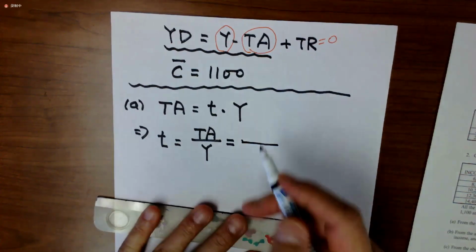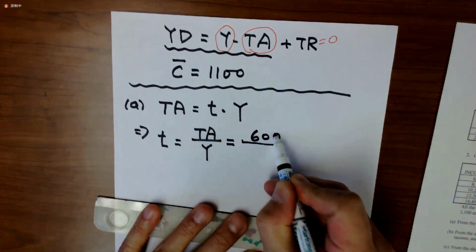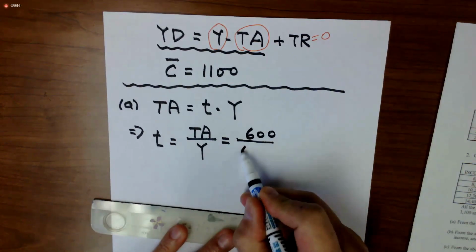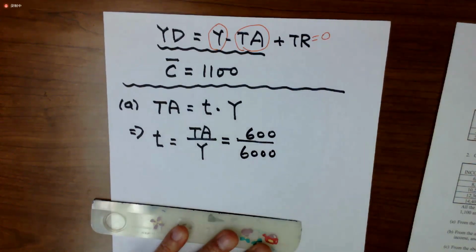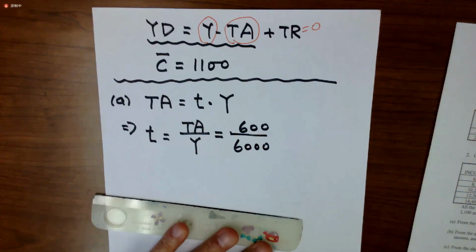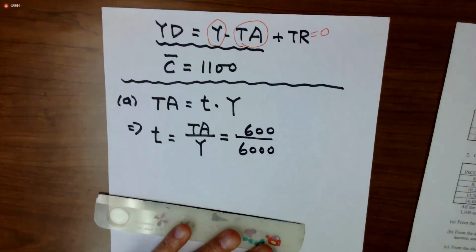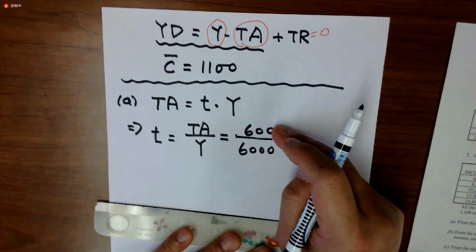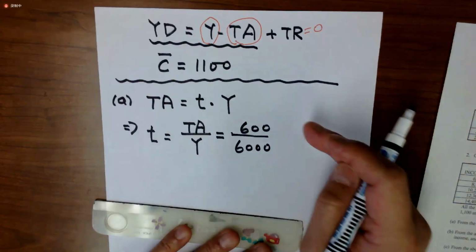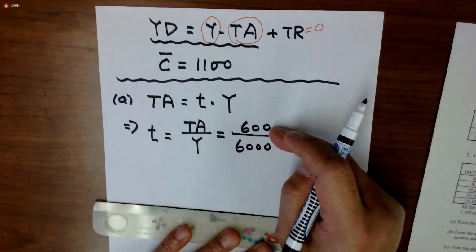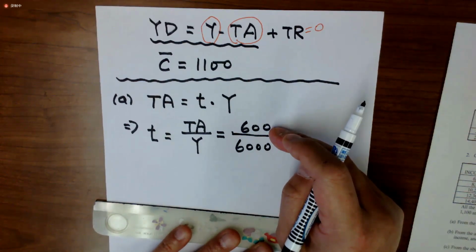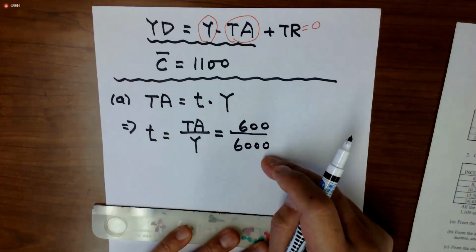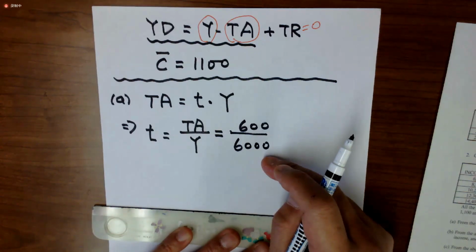Taxes is equal to 600 when the income is equal to 6,000. Make sure that you understand where I got the 600 and 6,000 from. 600 is the first number of the second column. 6,000 is the corresponding first number from the first column.